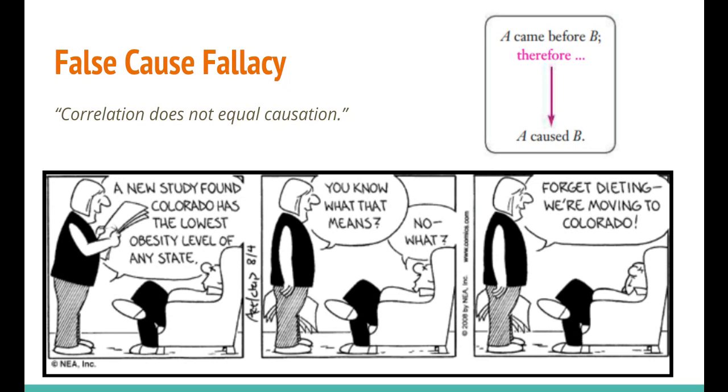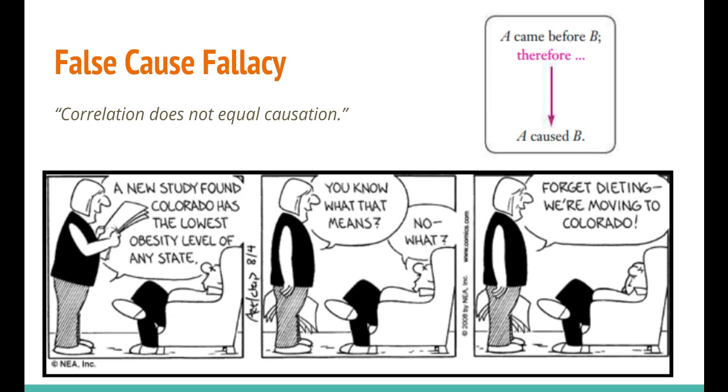You know what this means? And he says, no, what? Forget dieting, we're moving to Colorado. Well, it is true that Colorado maybe has the lowest obesity level of any state, but it doesn't mean that being in Colorado causes lower weight or causes weight loss. So A and B may be linked, but it doesn't mean that one caused the other.